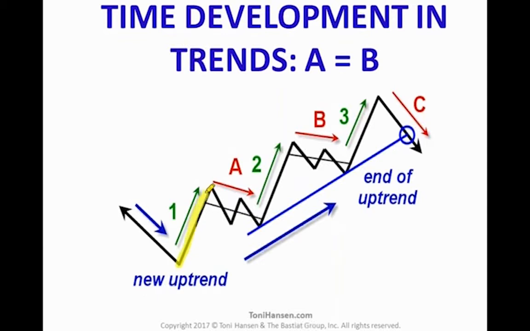Now, when you have these primary moves within a trend, each of these moves is called an impulse move. Many of you are probably familiar by now with the concept of measured moves or equal moves.